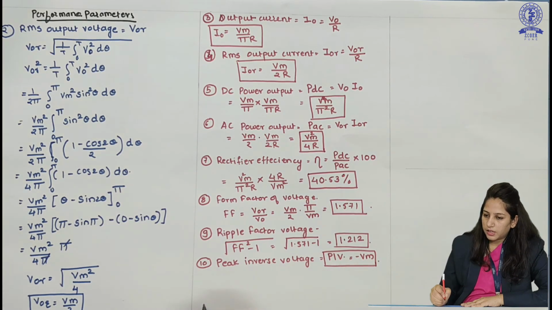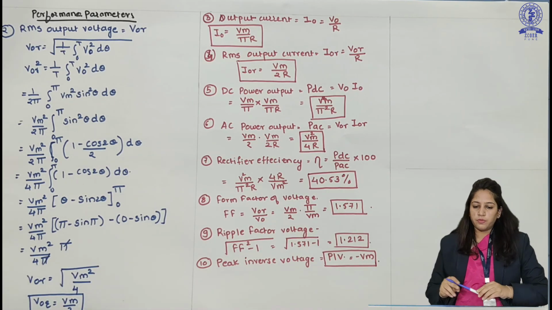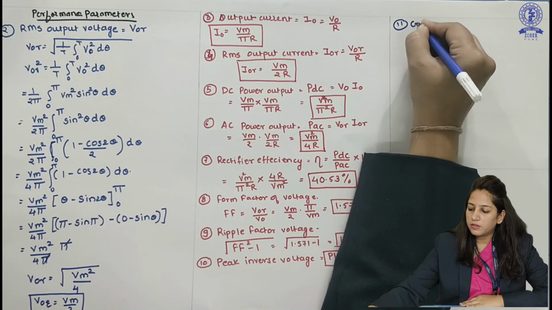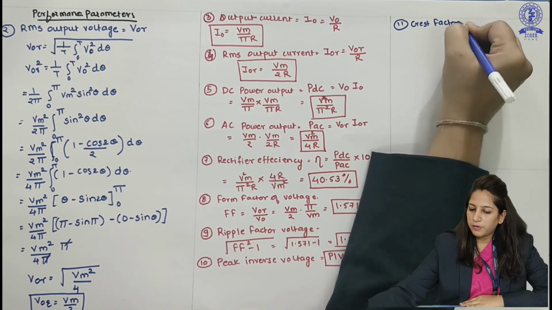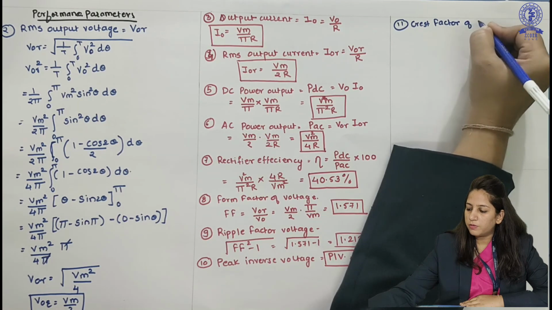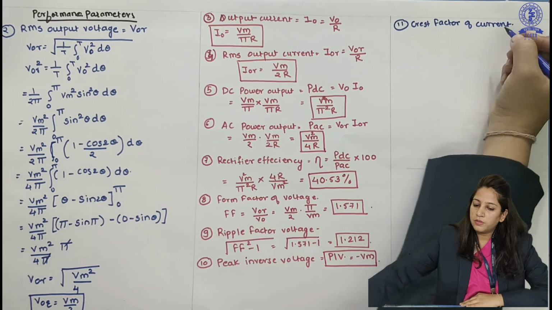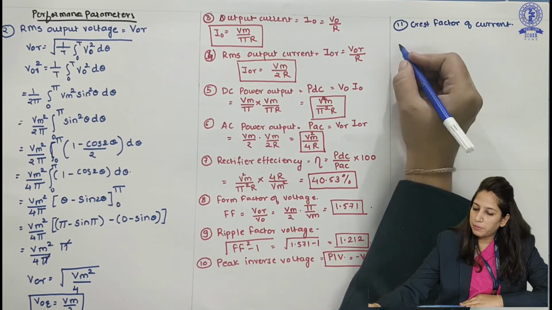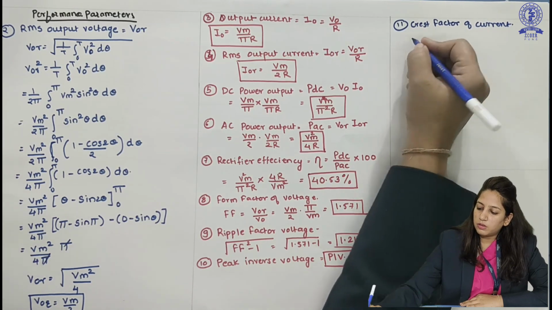Then we will see crest factor. 11th is the crest factor of current. This crest factor will indicate how extreme the peaks are in the waveform.